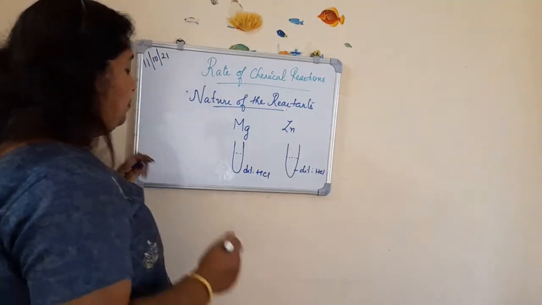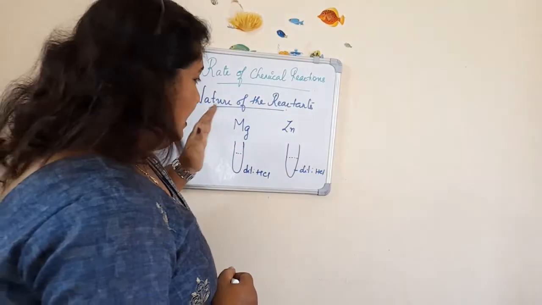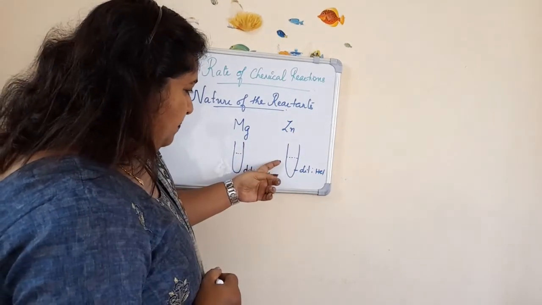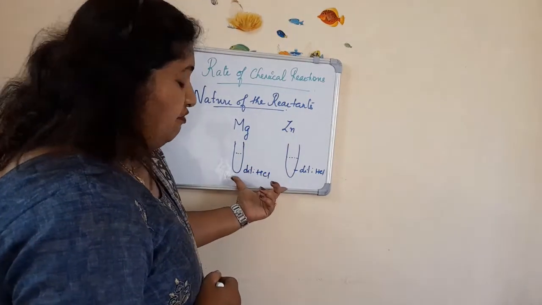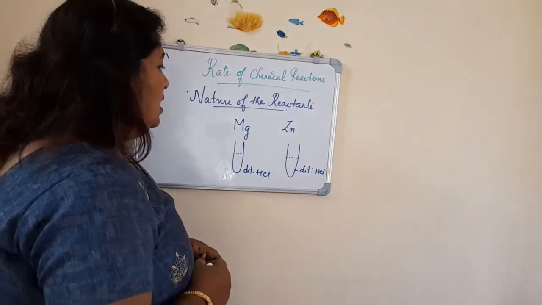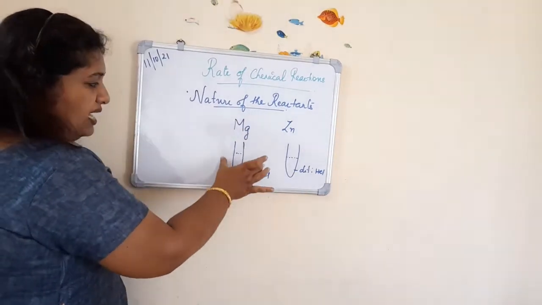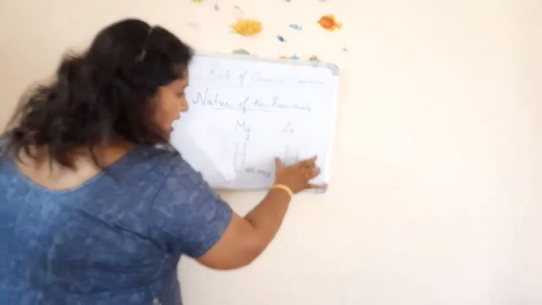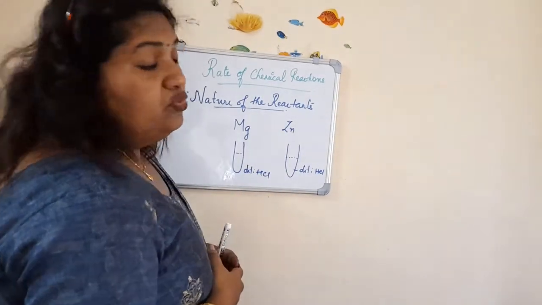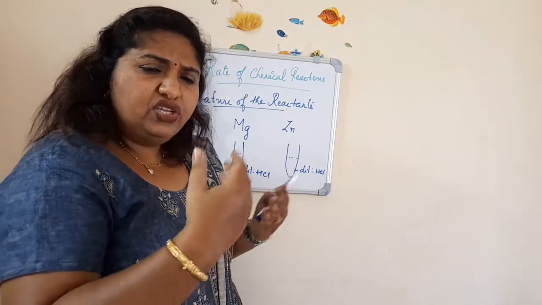So I have taken two metals of the same size, magnesium and zinc, and two test tubes filled with acid of the same volume. Now magnesium is added to dilute HCl, and zinc is added to dilute HCl. When both metals are added to the acid, a reaction takes place and hydrogen gas is released.